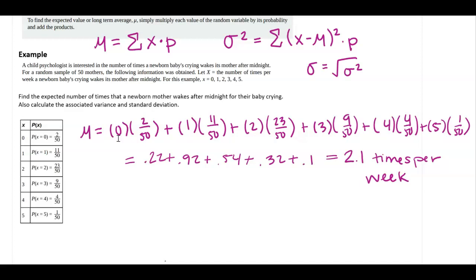All right, if I want to figure out the variance, I'm going to show you how to do this with a couple of examples. So I'm going to do 0 minus 2.1 squared, and then I need to weight that difference times the probability of that happening, okay?